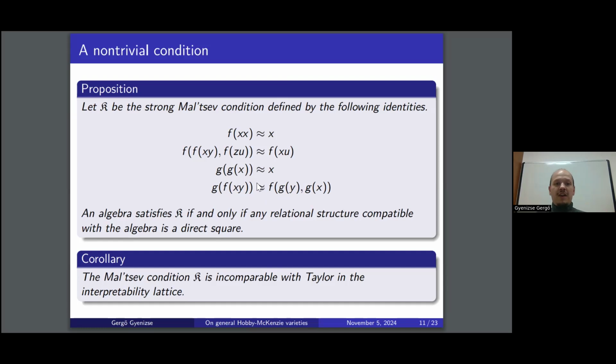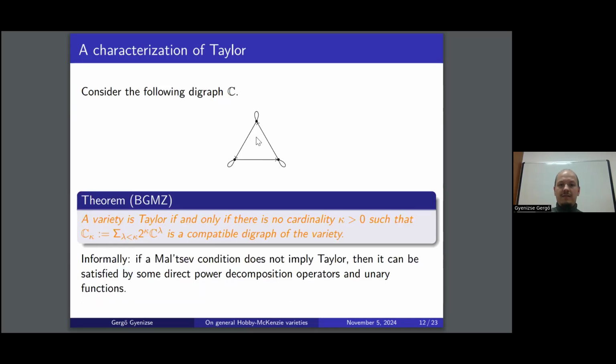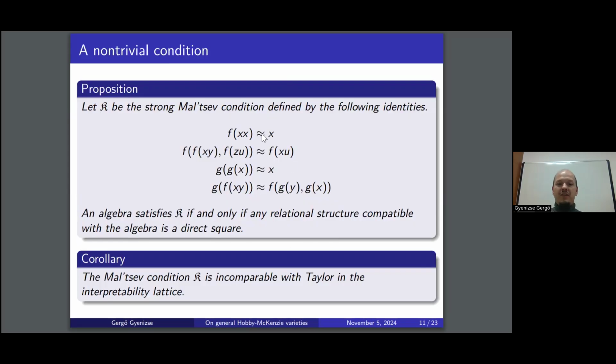But also the other way around, this condition doesn't imply Taylor, because if we take a digraph, let's say the digraph C, this is just a reflexive circle, and take its direct square, then on this direct square, because it's a direct square, we can define these operations.